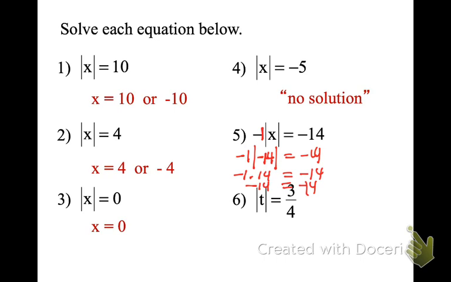Let's try another one. You said negative 1 times the absolute value of 14 equals negative 14. So negative 1, what's the absolute value of 14? 14. Does this work? So he is correct.